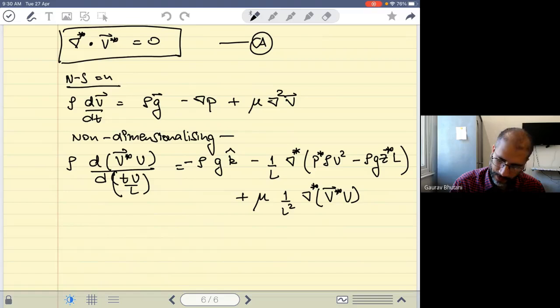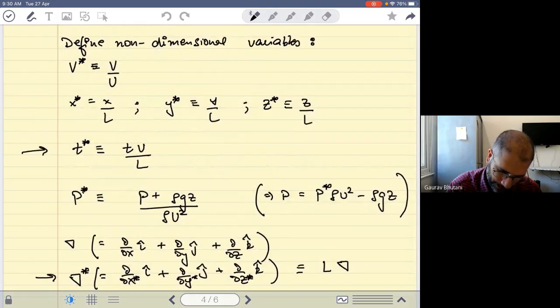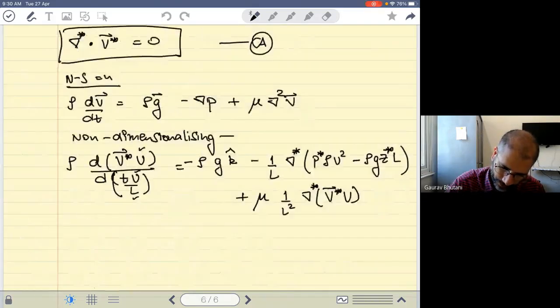Right, so now we have to simplify this. So let's do that. On the left hand side, we can take this u and u by L outside. I'm sorry, I think I made a mistake here. For time, our t star was t u by L. So that means t is actually t star L by u. You can check dimensionally also; things should make sense.